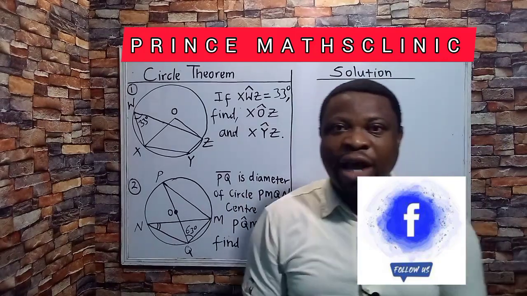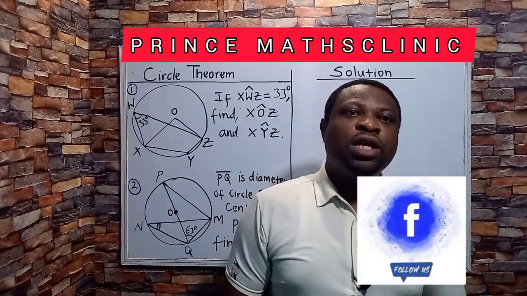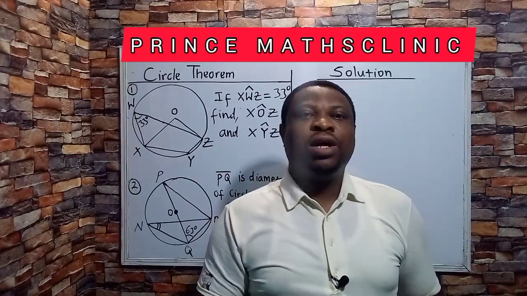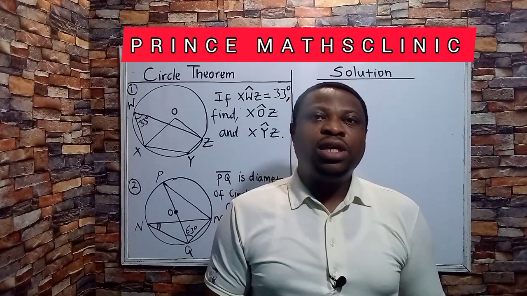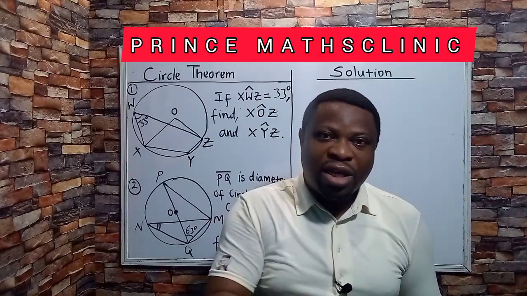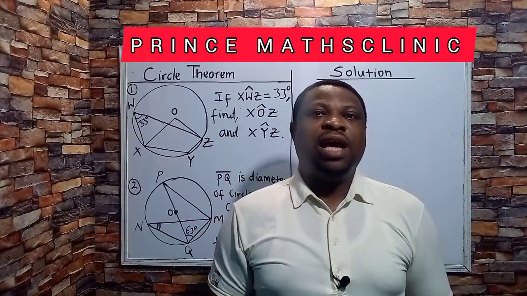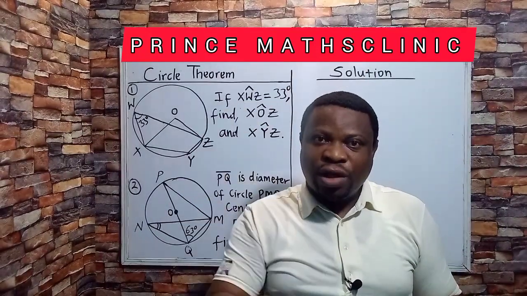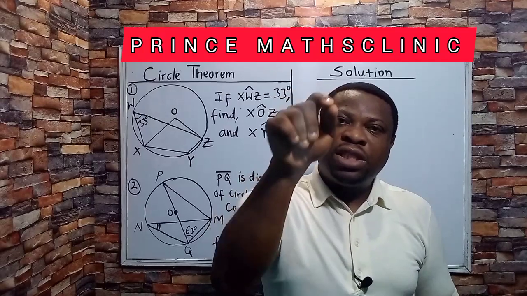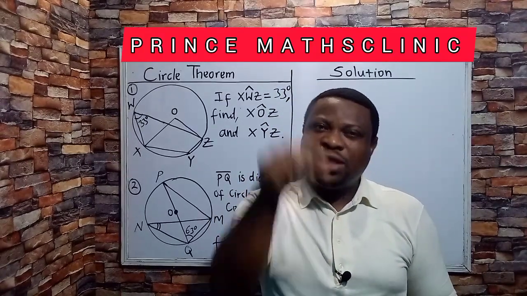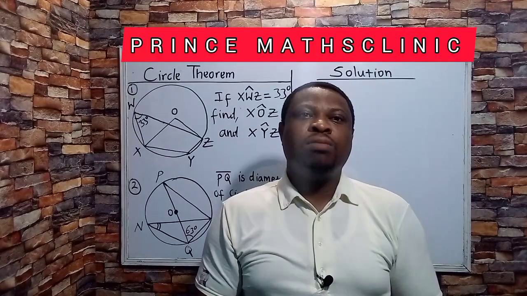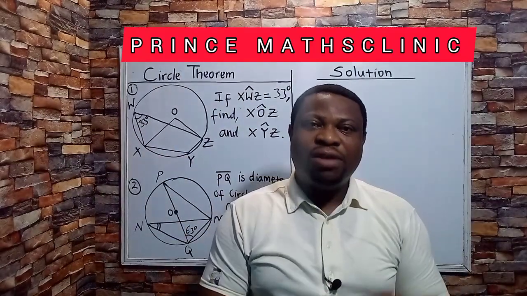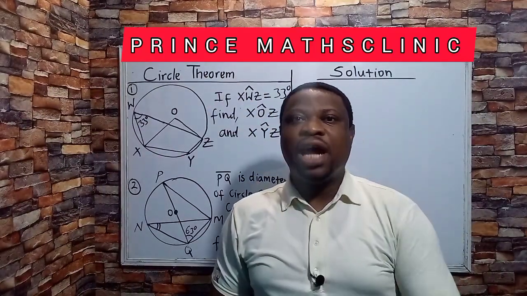Now, a circle by description is just a shape that is round, and it is not just round, it goes round a particular axis, and every point on the circumference of that circle has equal distance from the center of the circle. That is what makes it a circle, because any point you choose at the circumference, that is at the edge around the circle, has equal distance to the center of the circle.